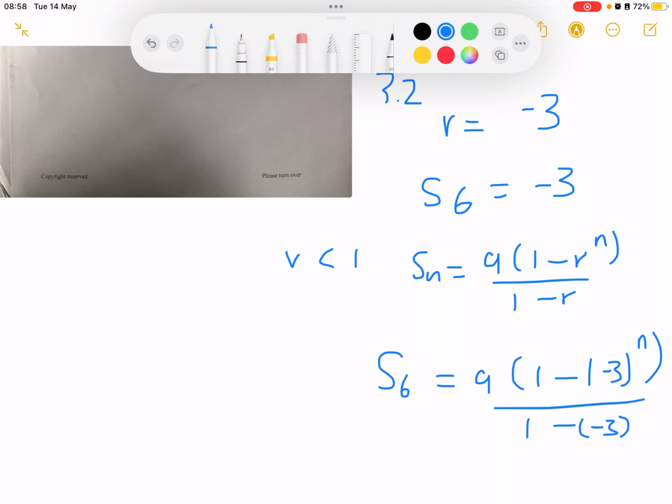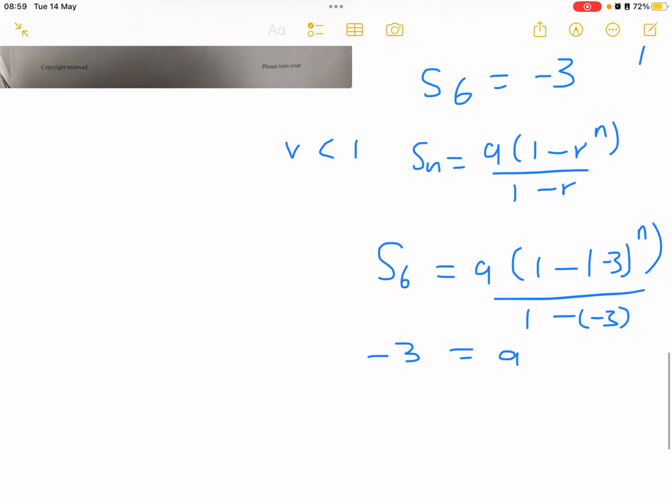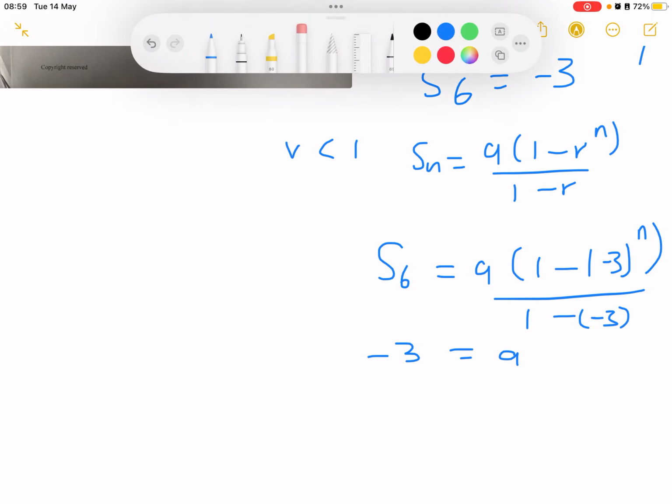Now, S6 is given as negative 3, which is equal to a. I made a minor mistake here by putting n, because we already know n, and n has the value of 6. Now, this sums up to be a, let me get my calculator.